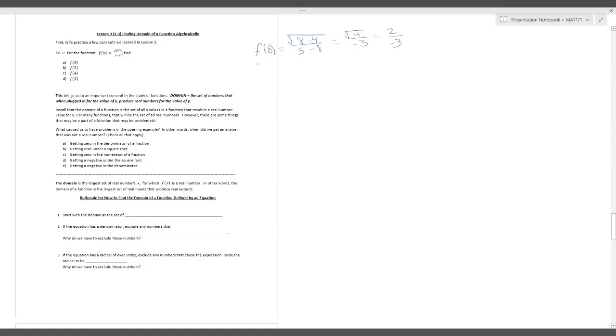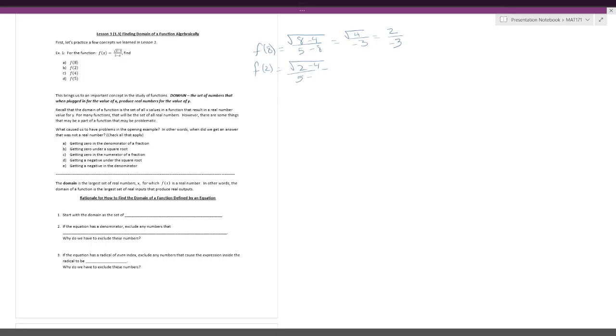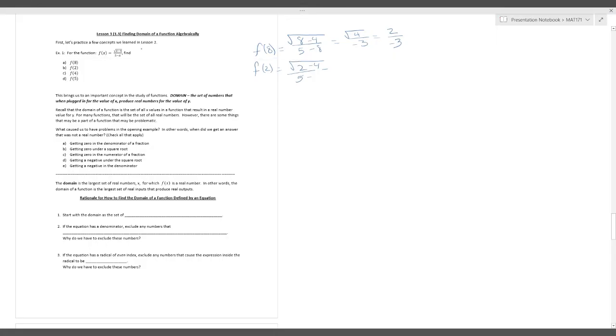If we want to do f of 2, that gives us the square root of 2 minus 4 over 5 minus 2, which gives us the square root of negative 2 over 3.